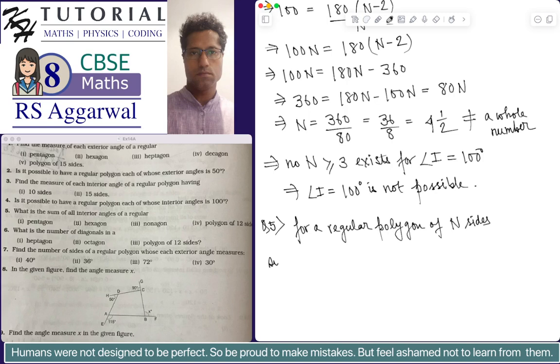It is asking the sum of interior angles. For a convex polygon, the sum of all exterior angles is equal to 360 degree, and also for a regular polygon, the sum of all exterior angles is equal to 360 degree.